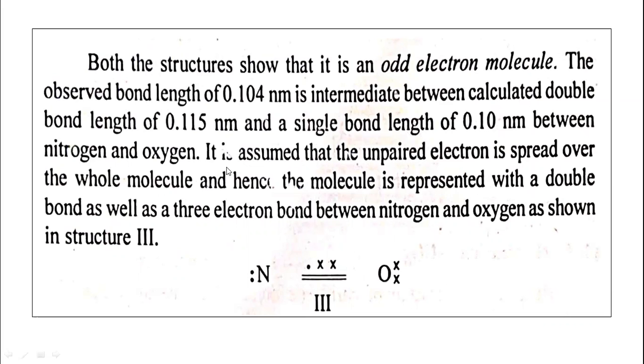It is assumed that the unpaired electron is spread over the whole molecule, and hence the molecule is represented with a double bond as well as a 3 electron bond between nitrogen and oxygen, as shown in structure 3.